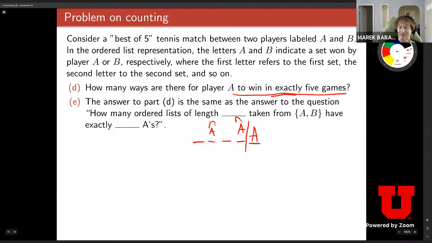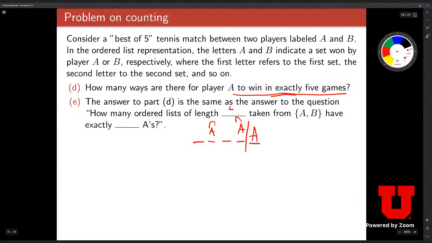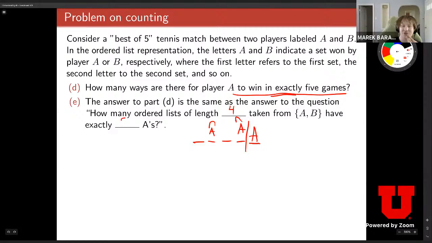So we know there's 2 A's in this part. So yeah, 4 choose 2. How many ordered lists of length 4 taken from A, B have exactly 2 A's is what we're looking for. And that's 4 choose 2. That's 6.